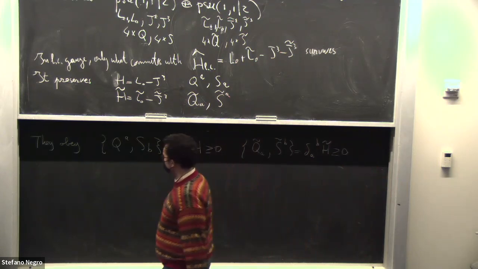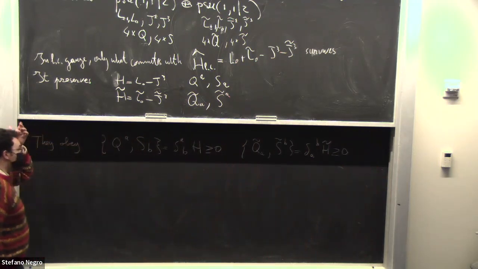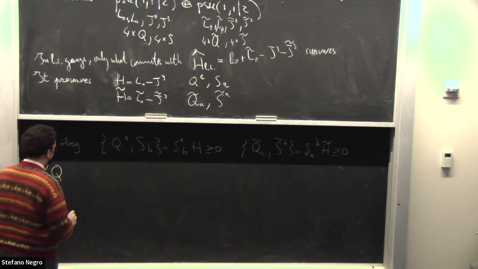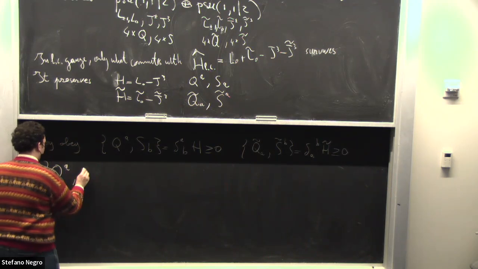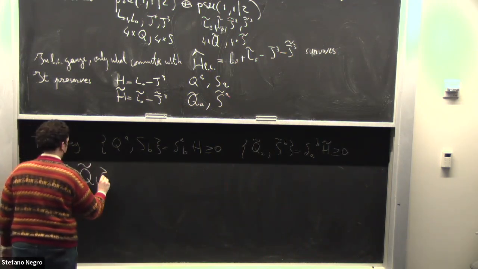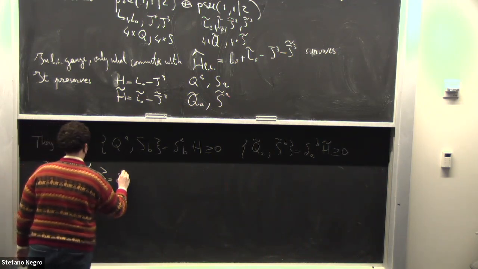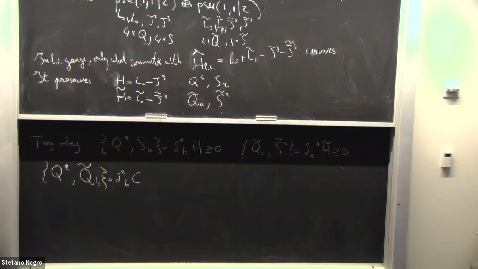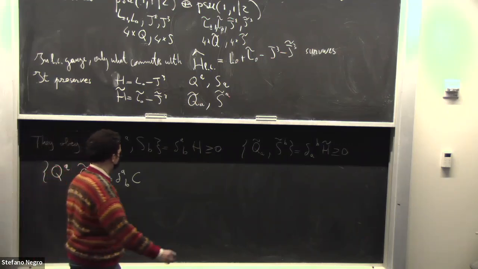And then something very interesting and very special happens. Because when you compute carefully in light cone gauge, the commutation relation between the Q and the Q tilde, you find that it's actually not 0, but the algebra gets centrally extended.